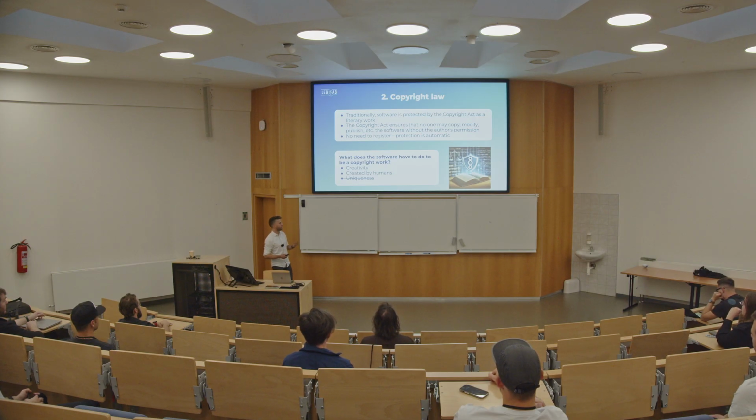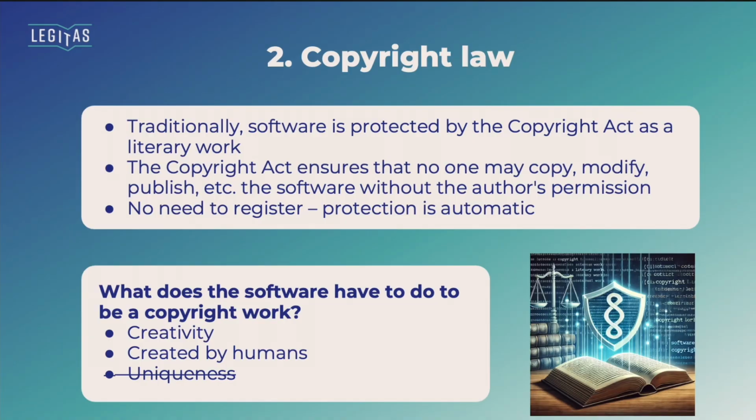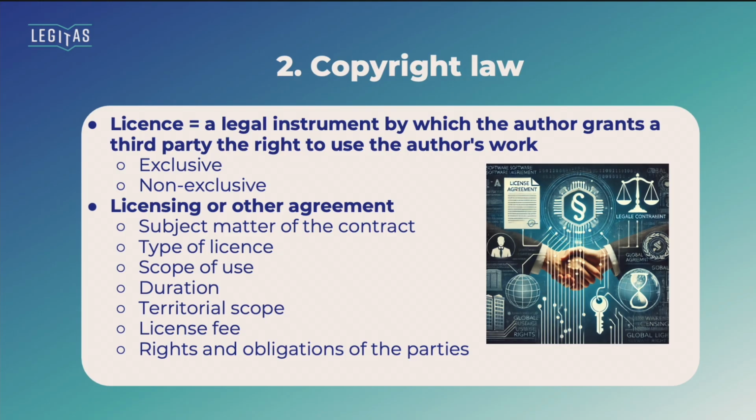So the two main conditions are that it has to be created by a human, and it has to be some kind of creative expression of that programmer. So I have the right to a copy only if I'm talking about a computer program which was developed by me and not by AI.